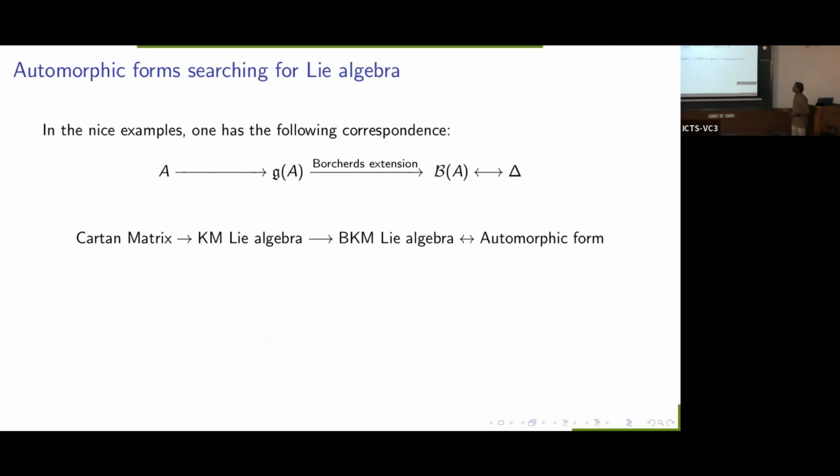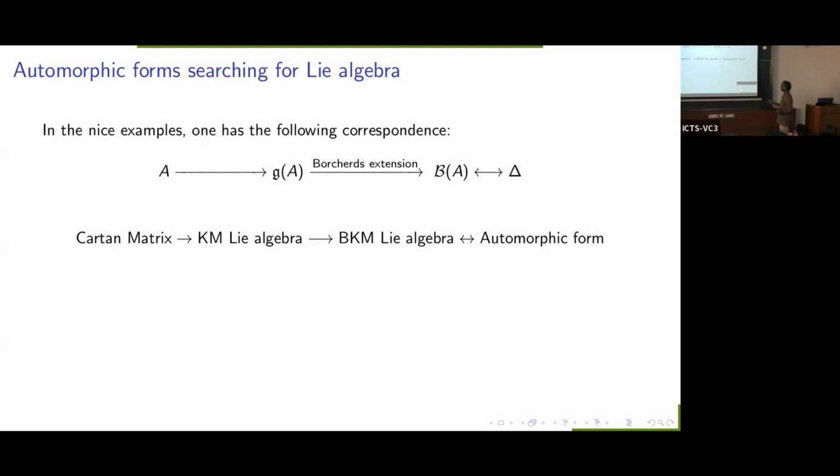Okay, so in all the nice examples that we will get, we can extract something called a Cartan matrix. I'll explain this in detail. Given a Cartan matrix, there is a standard construction which gives you a Lie algebra called a Kac-Moody Lie algebra, and it's just called G of A. And then there is a particular extension due to Borcherds, which leads to a bigger algebra, which has a nice connection with some automorphic form.